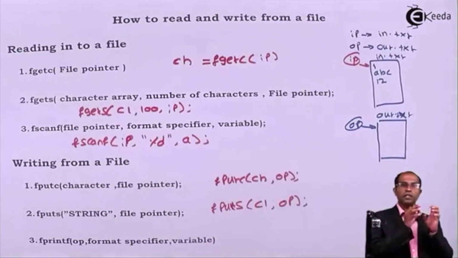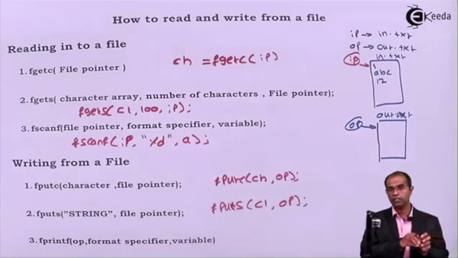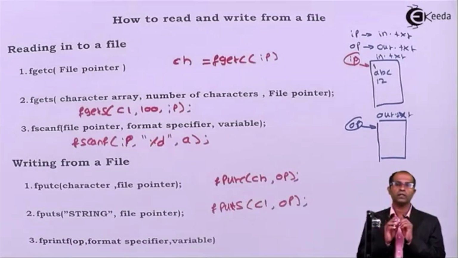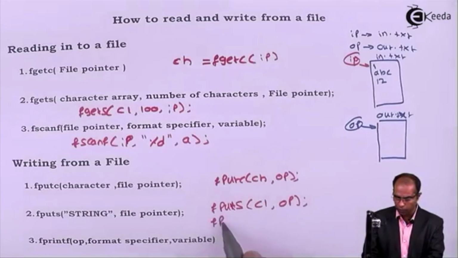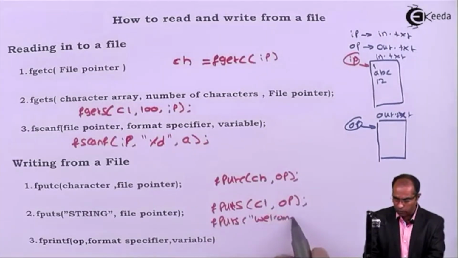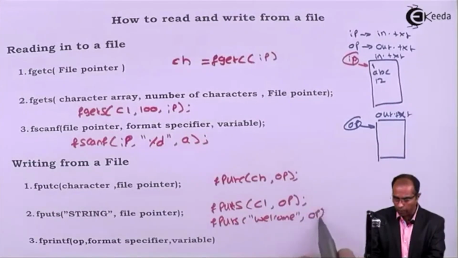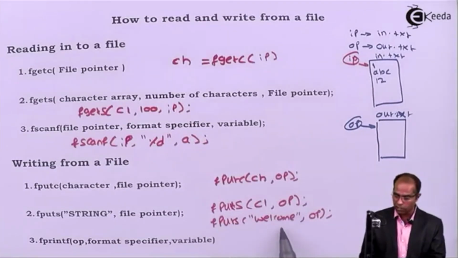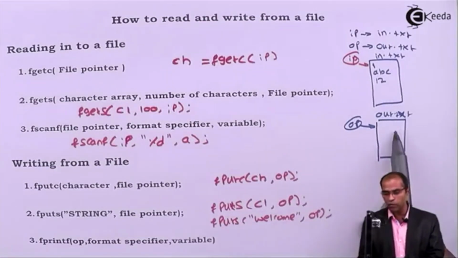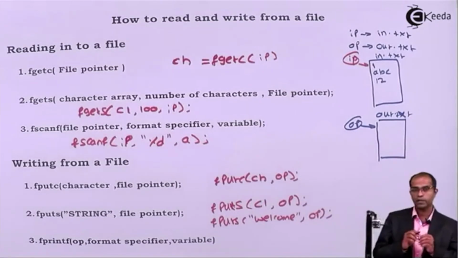So what are the contents which are there in c1? They all will be transferred to op automatically. If you want to give a string of your own, suppose I say fputs welcome, comma op. So what happens? In this case, the string welcome is written directly onto the file called op. So automatically the contents are transferred to the file.